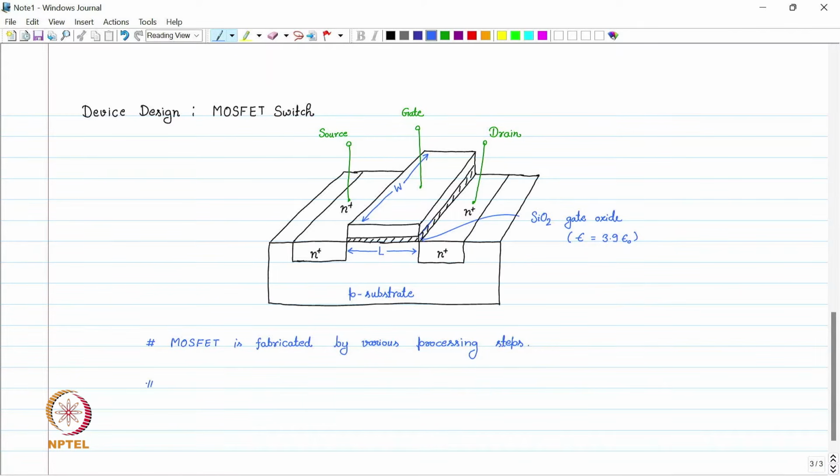For example, we use multiple implant and lithographic steps.